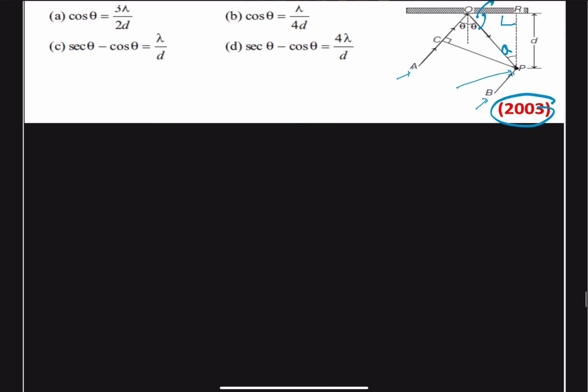So you can say that ray OP travels an extra distance, and that extra distance is our OC.